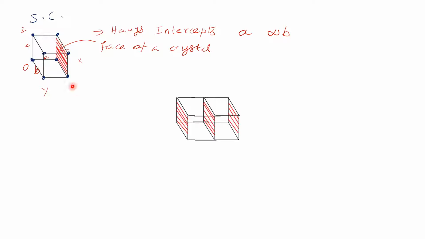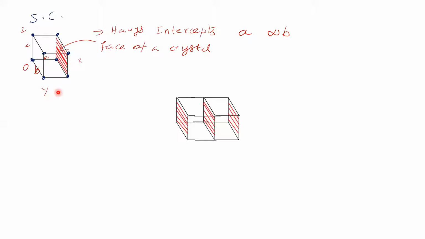It is parallel to the OY axis. Therefore, the intercept with respect to the y-axis is infinity B. But in the OX axis, it is cutting at this place. Cutting at this place means from this point to this point, the intercept is A.